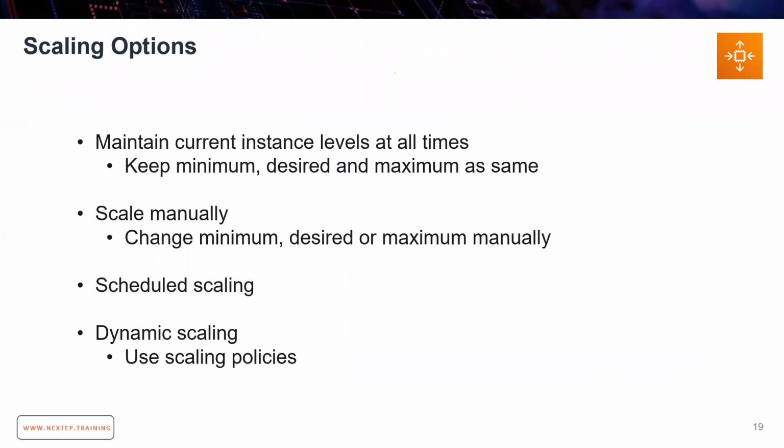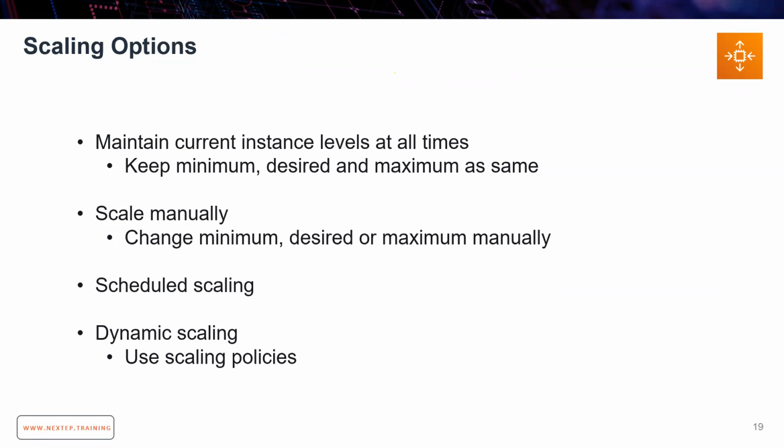You do not worry about the min and max. But if you have a minimum and maximum, then it will swing between minimum and maximum. If you want to maintain the current instance levels at all times, it will be maintained at the desired capacity.